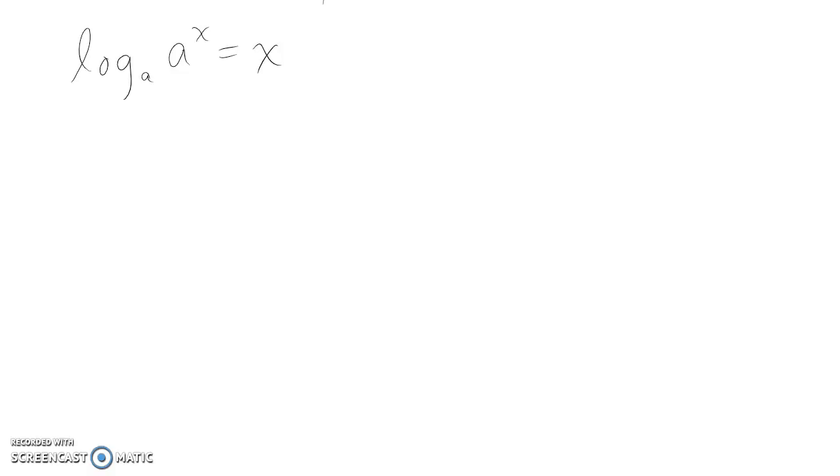Well, let's let f of x be log base a of x. That's one function. And we're going to let its inverse, which we know is a to the x.